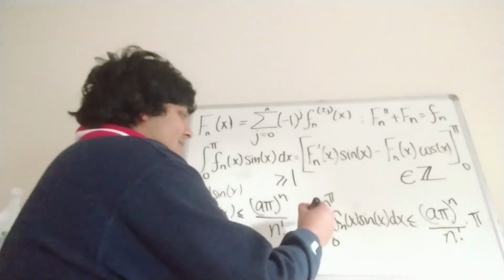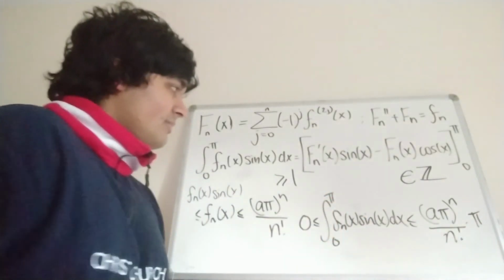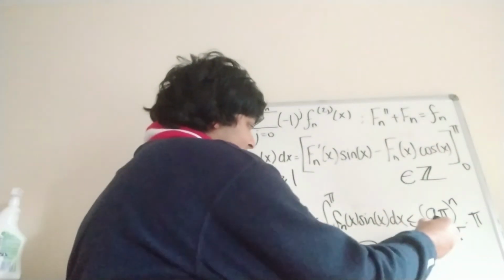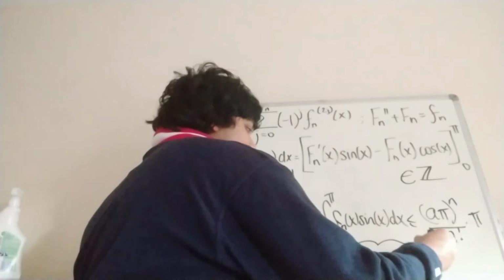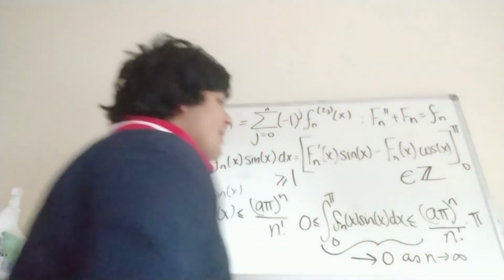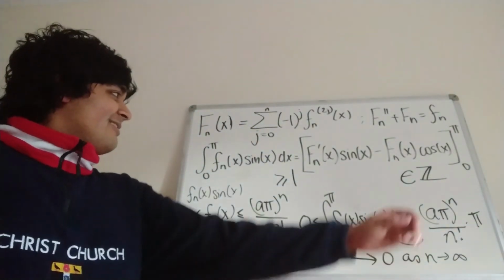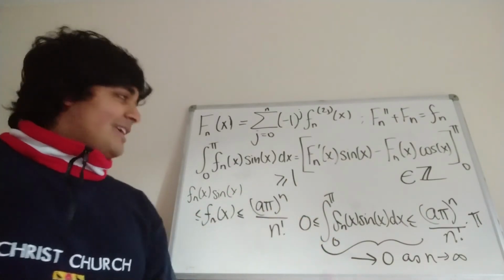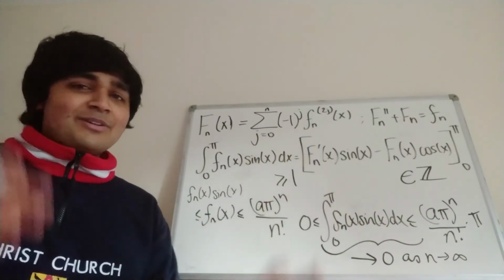And we know this guy here is always non-negative. And because this tends to 0, by the sandwiching theorem, this guy will tend to 0 as n tends to infinity. But that essentially contradicts this guy here, because the limit of a bounded sequence must be within that bounded range.